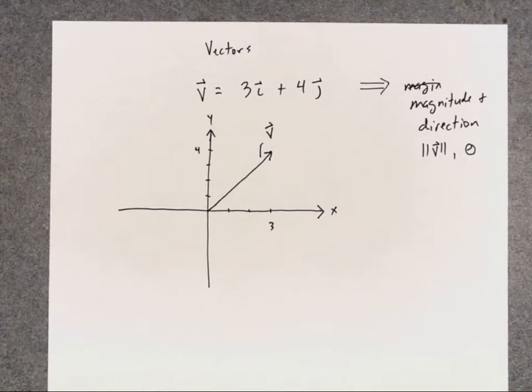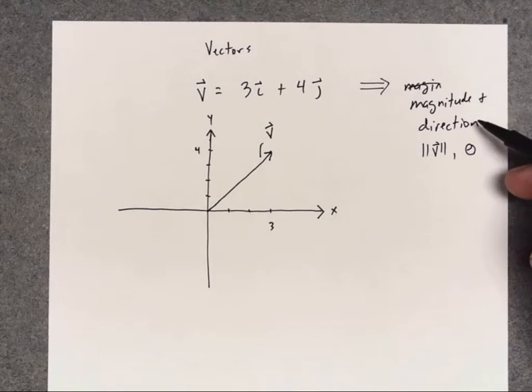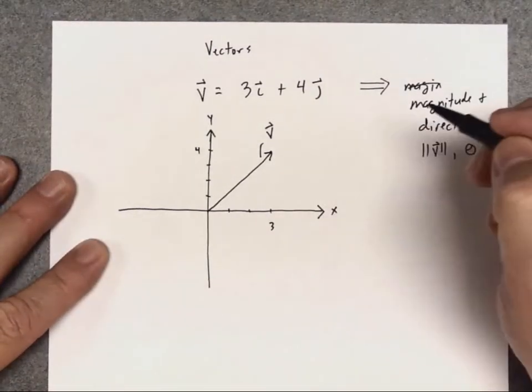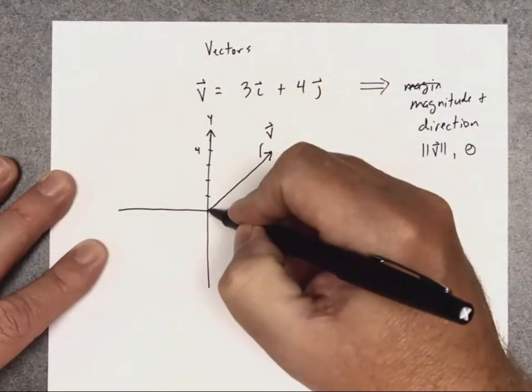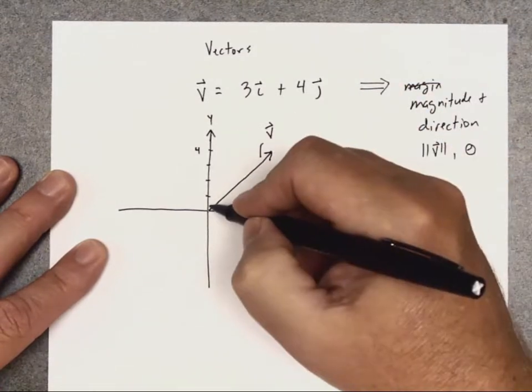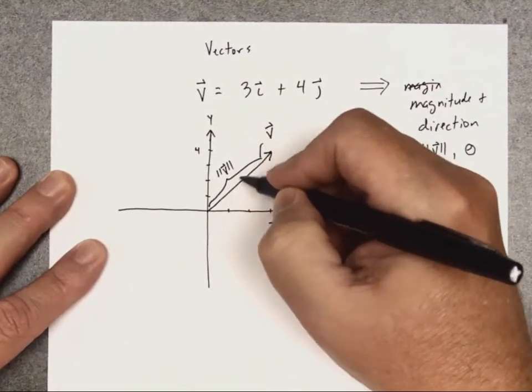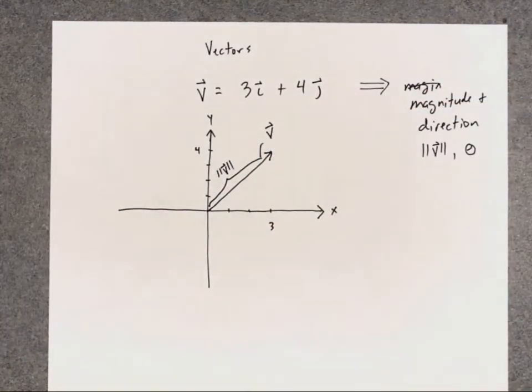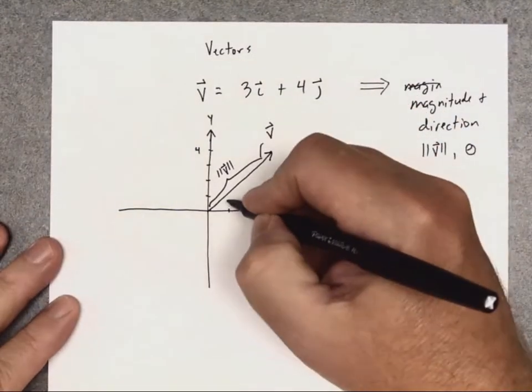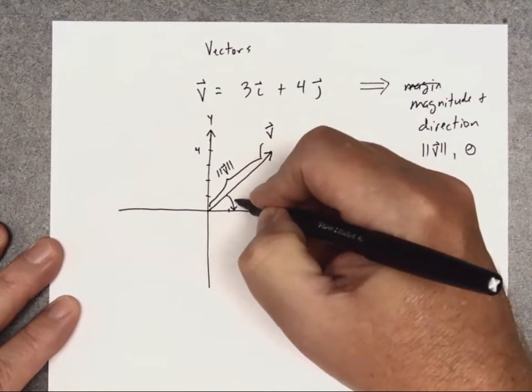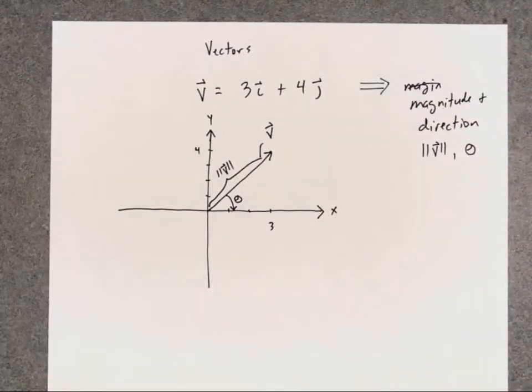Now I want to take this vector v and change it and describe it using the idea of a magnitude and direction. So like I described last class, the magnitude of a vector, when we graph a vector, it's like the length. So I could say the length of this vector or this line is my magnitude, and then the direction would be this angle.